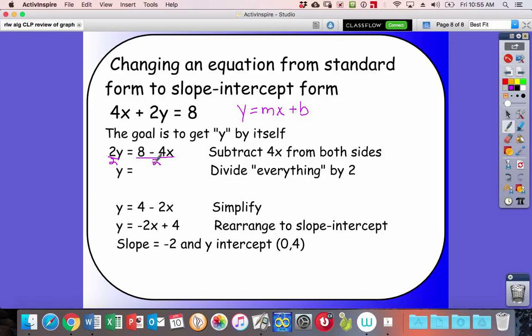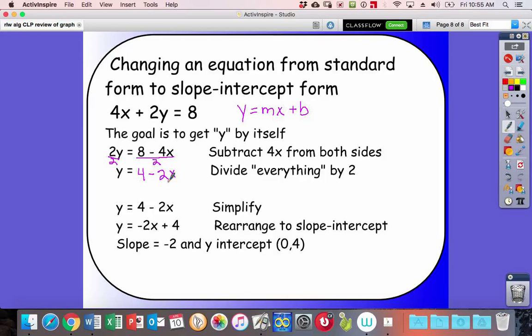So 8 divided by 2 is 4, and negative 4x divided by 2 gives me a negative 2x. Okay, so make sure you do that. If you divide by 2 to get y all by itself, you have to divide the whole side by 2, not just the 8 or the 4x.